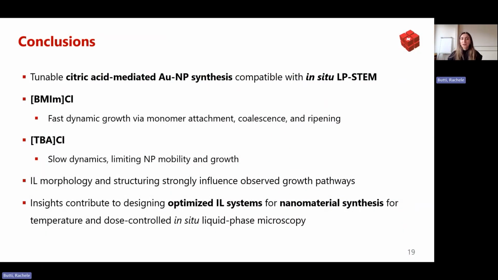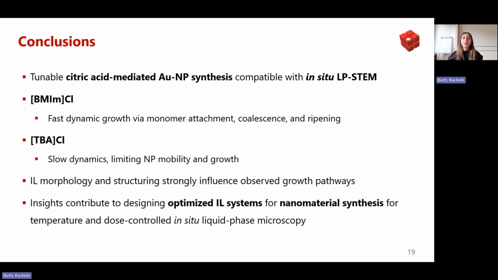Therefore, in this work, I showed how I managed to synthesize gold nanoparticles in citric acid-mediated synthetic strategies, and this was compatible and allowed me to observe their formation in situ by using variable temperature liquid phase STEM.